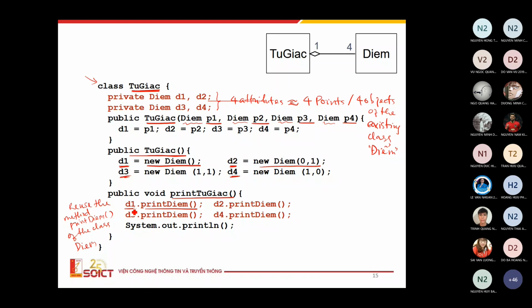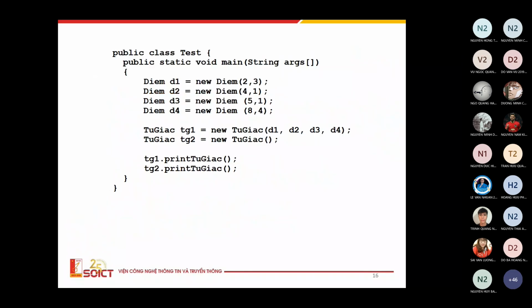Here you call print điểm of the objects D1, D2, D3, and D4. This is the way you reuse the method of the existing class. Is this clear? I think it's not hard in this part. We just declare a new object inside a new class.